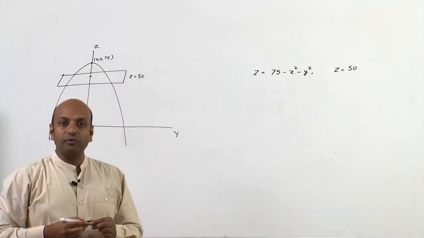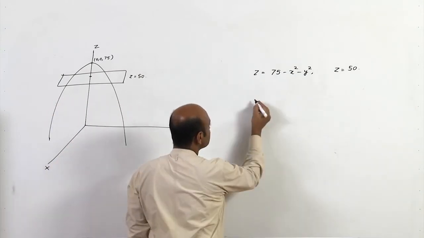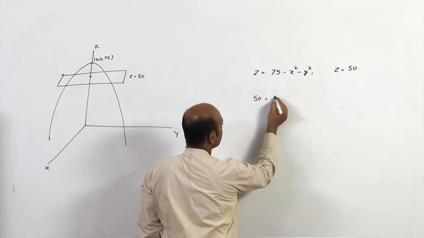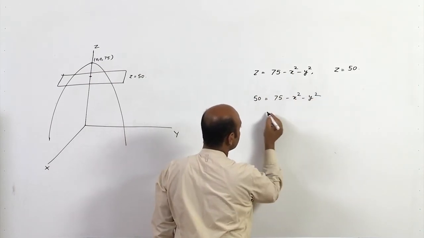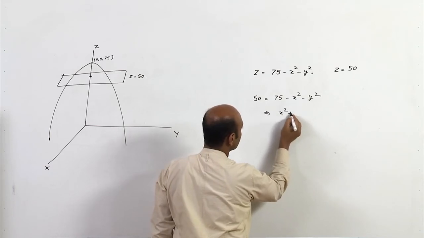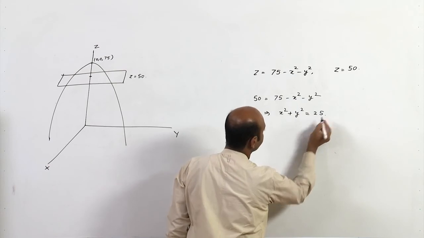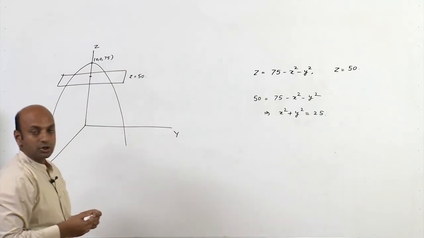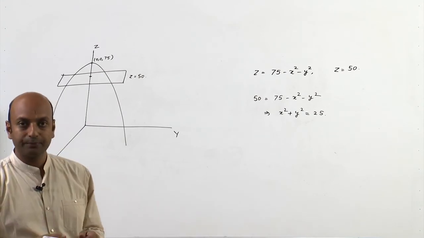Now, when you substitute z equal to 50 here, 50 is equal to 75 minus x square minus y square. So this implies x square plus y square is equal to 25. It gives a circle, basically x square plus y square equal to 25.